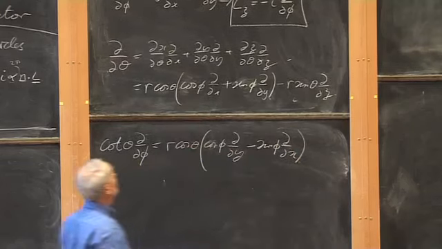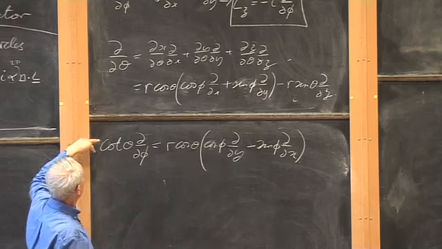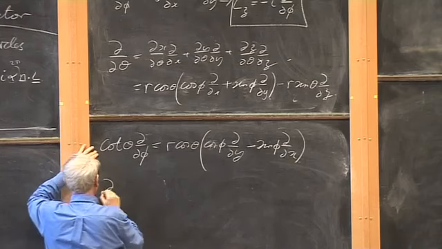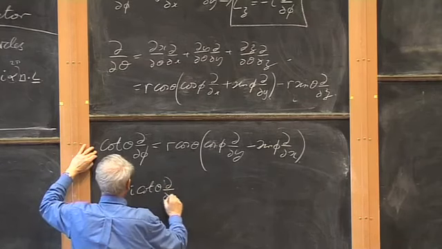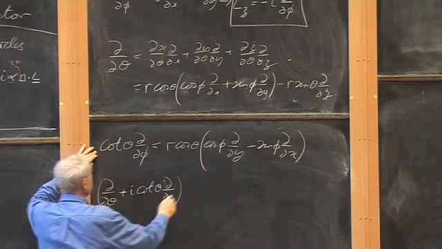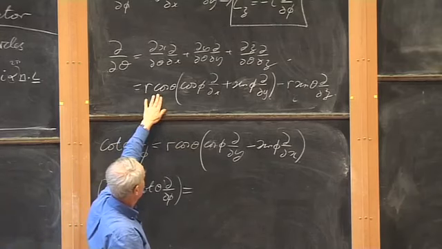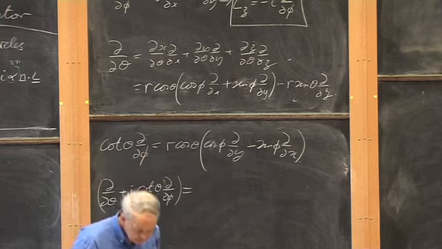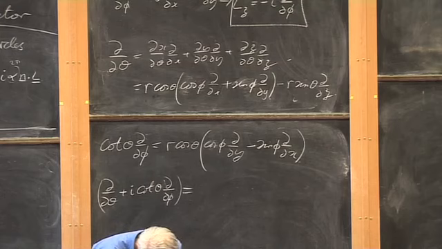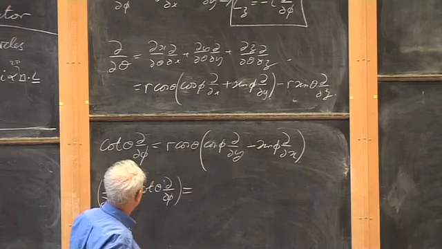That's it, right. So what we now do, just again for the fun of it, is take d by d theta and add on i times this. So we look at d by d theta plus i cot theta d by d phi. What happens then? We have r cos theta as a common factor.